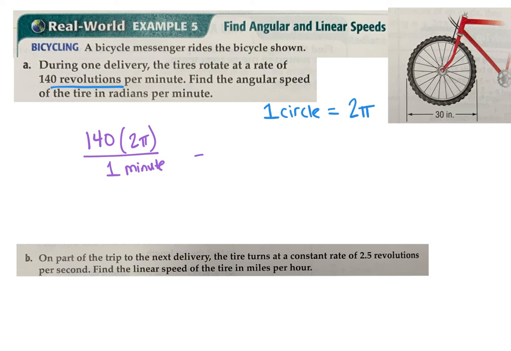That's going to be 280 pi per minute, and this is radians per minute. Now, you would put that into your calculator. You would say 280 times pi, and you would get approximately 879.6 radians per minute.